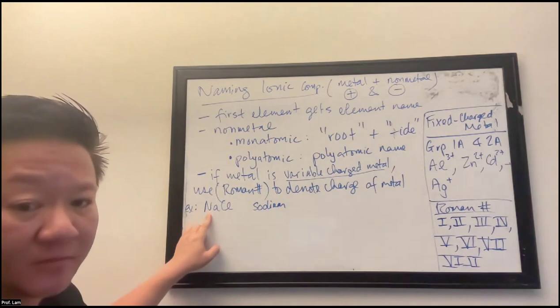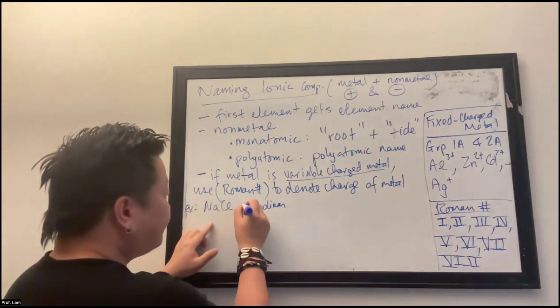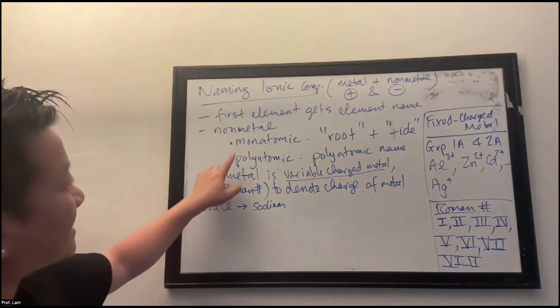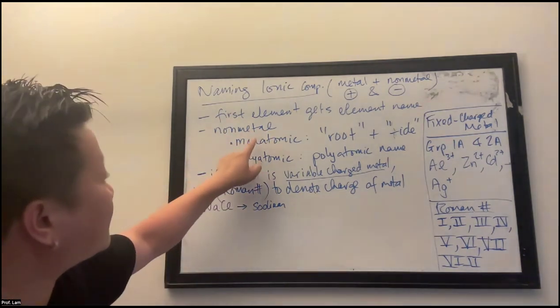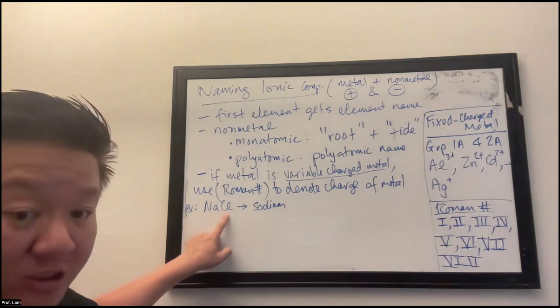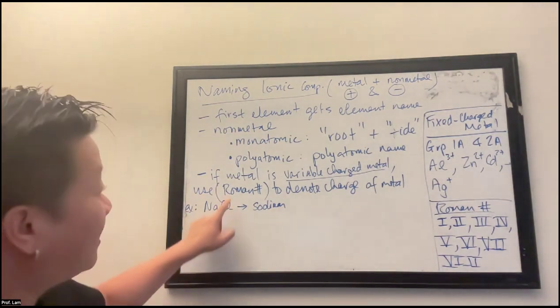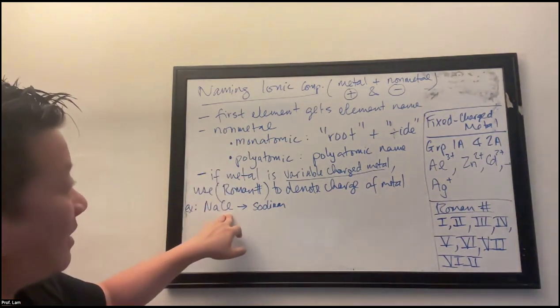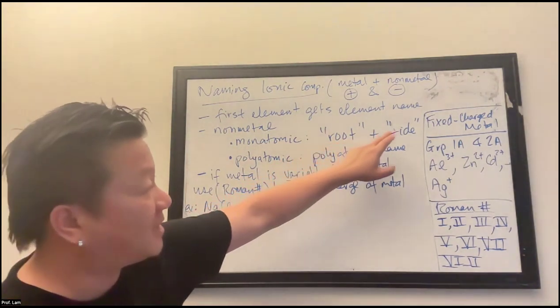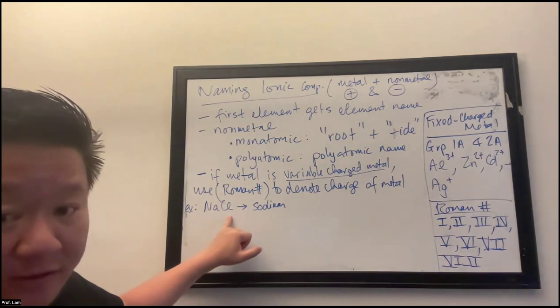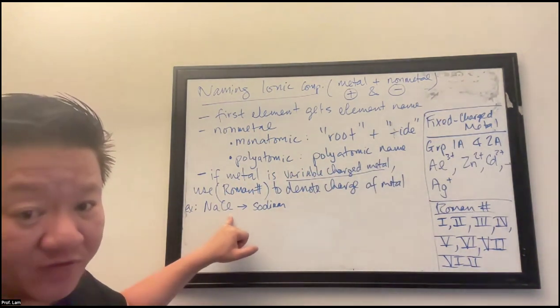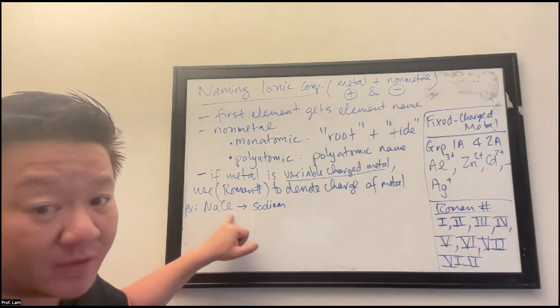All right, okay. And it says the non-metal. So the non-metal following, if it's monatomic, meaning it's just a single atom, which this one is, right? It's just a single atom. Then it gets root plus IDE. Okay, so instead of saying chlorine, we're going to just say the root of chlorine, which is chlor, right?